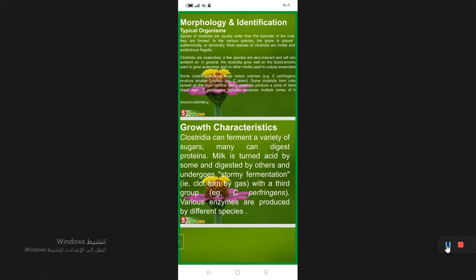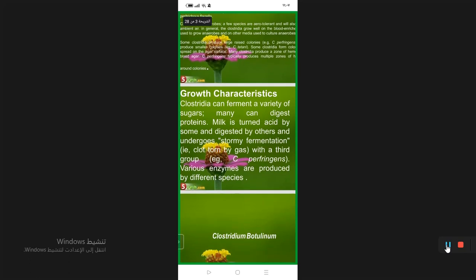Clostridium perfringens هنا راح يسوي fermentation for lactose and digestion of casein present in milk and produce a large amount of gas. هذه الكمية راح تسبب خروج السدادة من قنينة الحليب بسبب ضغط الغاز. هذا يسمونه clot torn by gas. يعتبر من diagnostic feature for this bacteria اللي هي Clostridium perfringens.